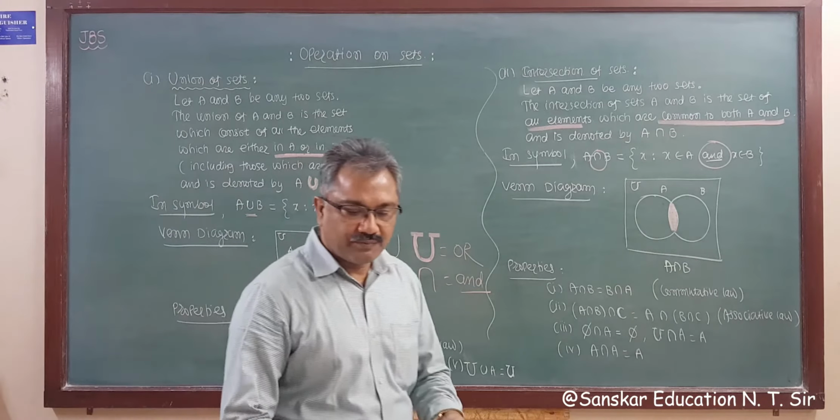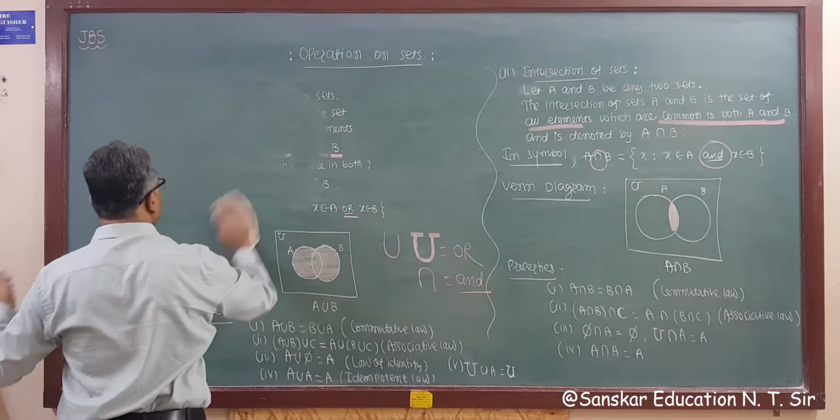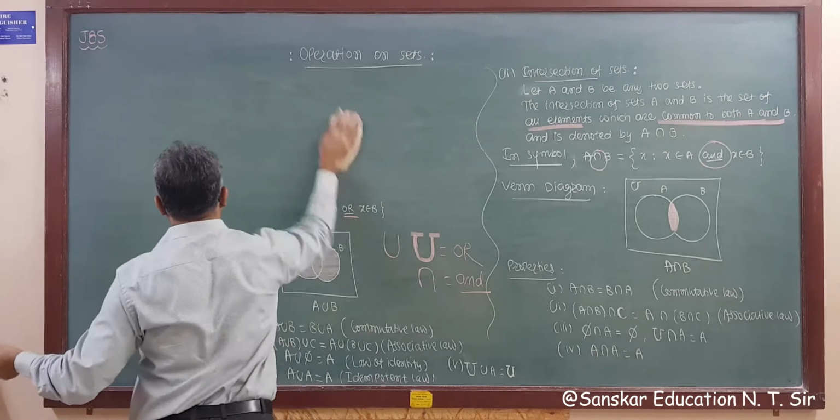Now you also have the distributive laws. So two distributive laws are there for intersection and union.